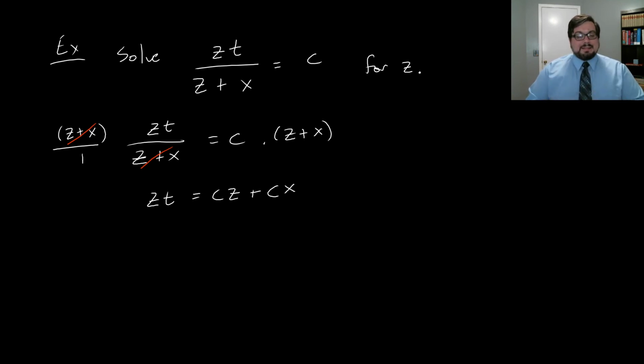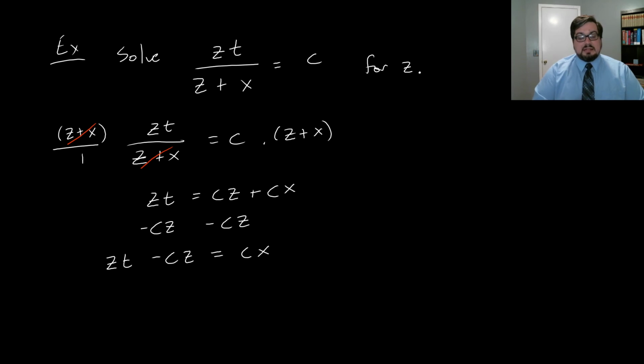Again, we want to get the z's on one side. So what we can do is subtract cz from both sides of the equation and get zt minus cz is equal to cx.